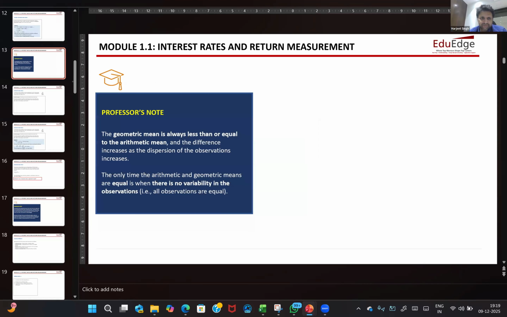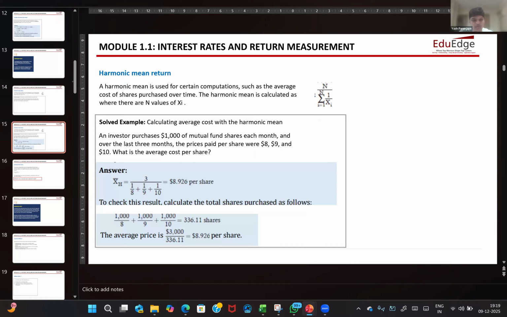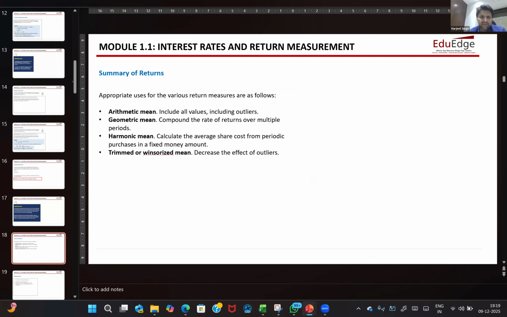Next, harmonic mean. I think this is easy. We've just done this. 3 divided by 1 by 8 plus 1 by 9 plus 1 by 10. Correct, 8.927.